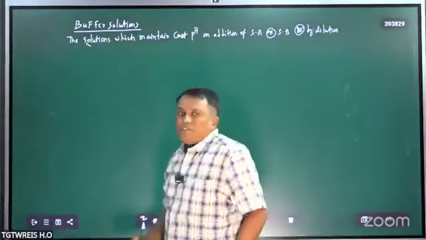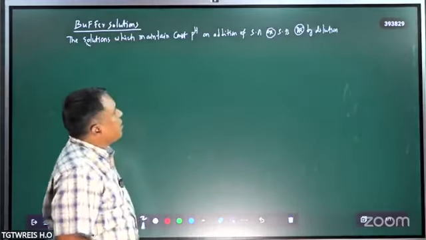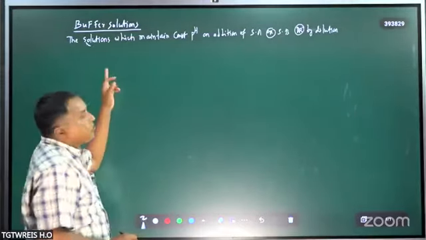The solutions which maintain constant pH on addition of strong acid or strong base or by dilution. So such type of solutions are called as what now?